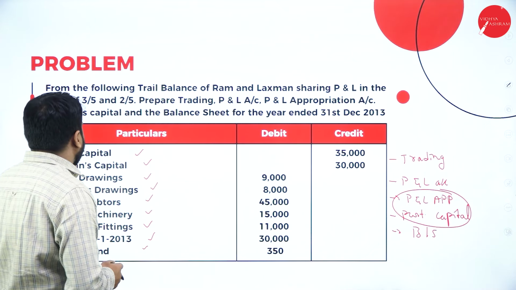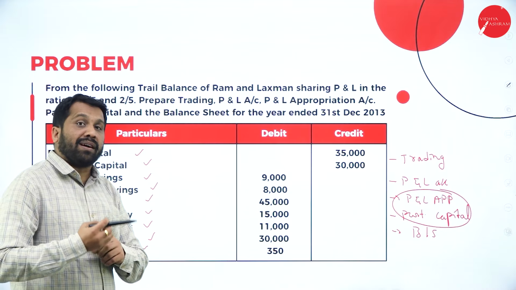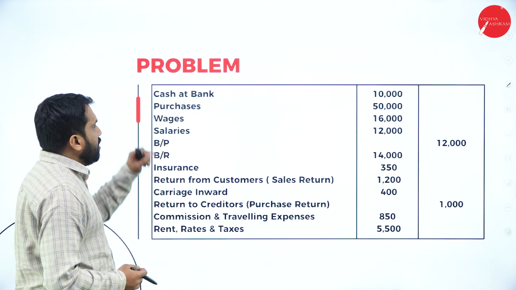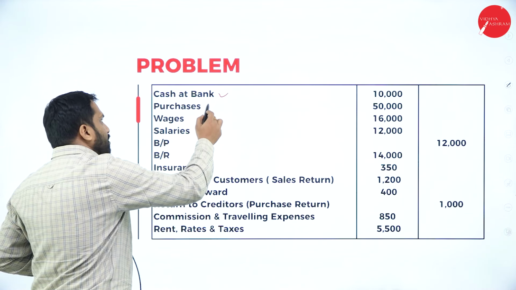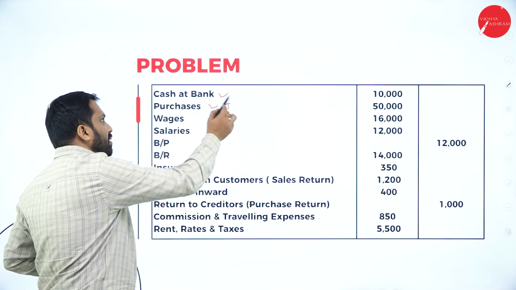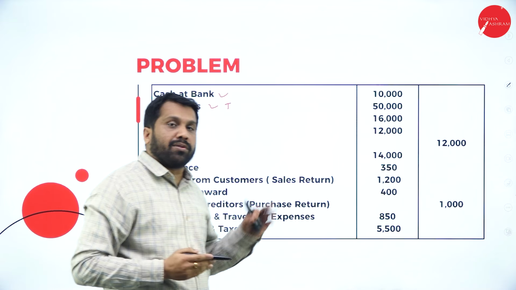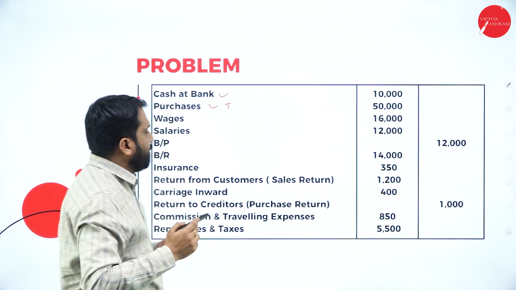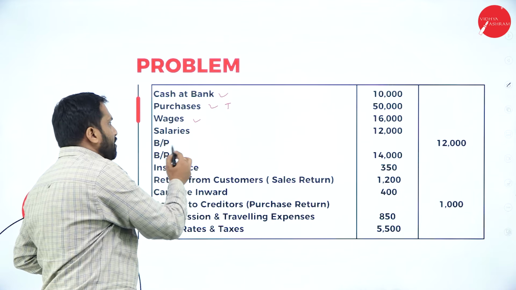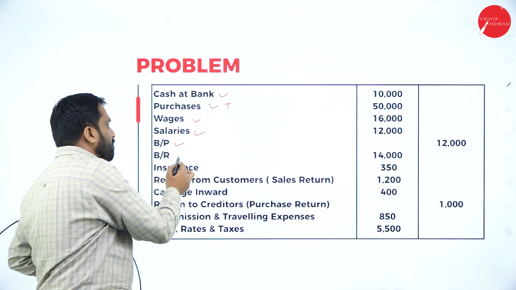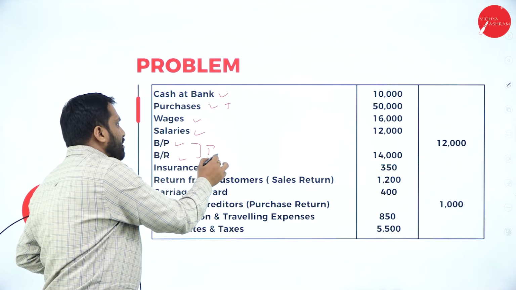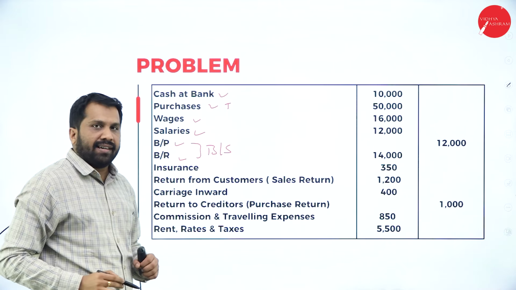And drawing and capital all go to the partner's capital account. Similarly, you have cash at bank, purchases. You remember, it goes where? Trading account, purchases and sales. Then wages, salary, bills payable, bills receivable. These are your balance sheet items.